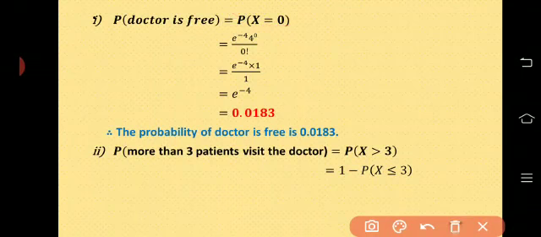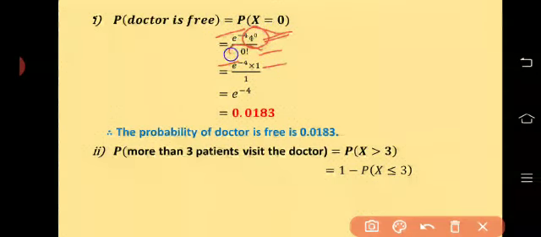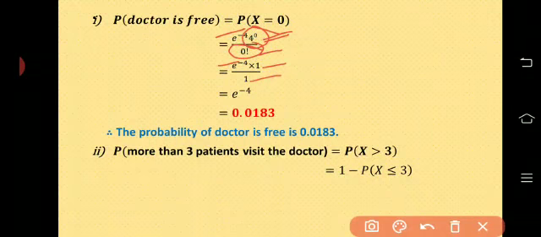That is, the probability that the doctor is free equals e raised to minus 4 as it is, into 4 raised to x, where x equals 0, divided by x factorial, meaning 0 factorial. Now e raised to minus 4 as it is, into 4 raised to 0, which is 1, divided by 0 factorial, which is 1. If you simplify further, you will get e raised to minus 4.